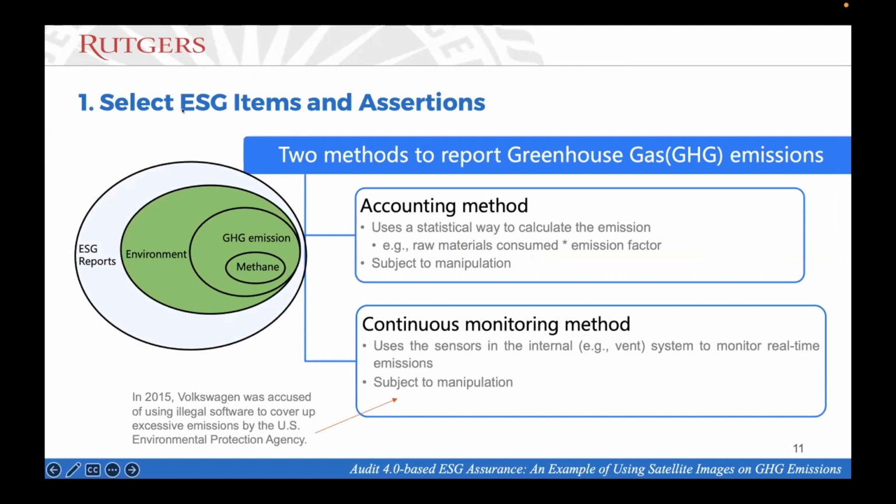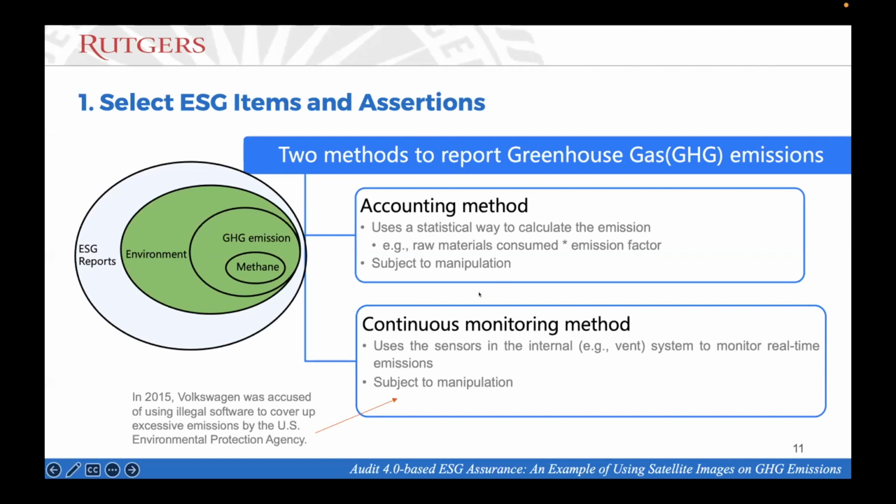The first one is to select ESG items for the assurance. Here we focus on greenhouse gas emissions. There are 2 methods to report the emissions right now. The first one is the accounting method, which uses a statistical way to calculate the emissions, so this is subject to manipulation.